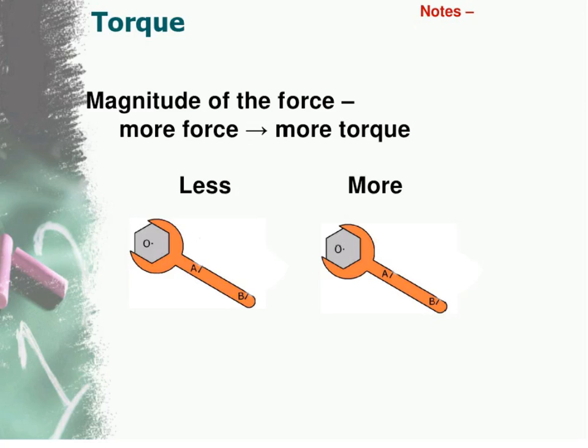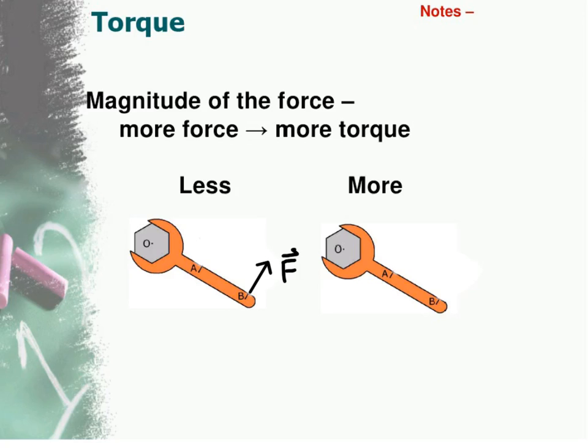So first of all, torque depends on the magnitude of the force I apply. It is pretty intuitive to think that the more force that I apply to the wrench, the more torque, or the bigger change in rotational motion I'm going to get out of it.